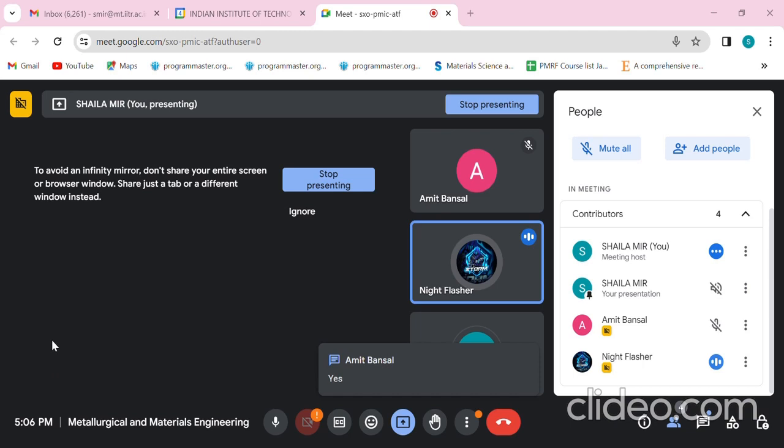What is the resolution of a human eye? I want you to answer these questions so that I will also mark them here. So what is generally the resolution of a human eye? Is it 1 mm, 0.1 mm, 2 mm, or 0.2 mm? You can try to answer.